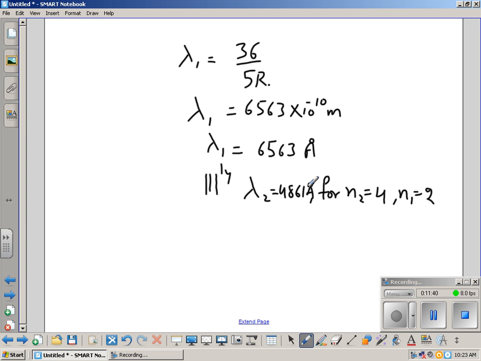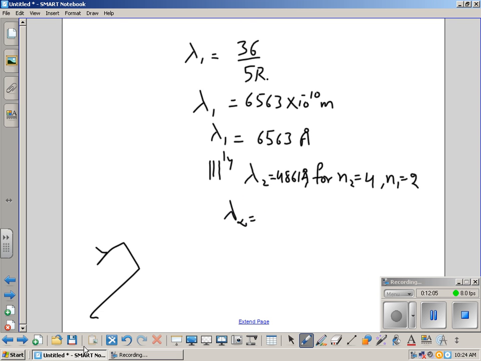The last member, how can you calculate the last spectral line in this series? By putting n2 equal to infinity. The wavelength of the last spectral line, lambda infinity, is 3646 angstrom units.